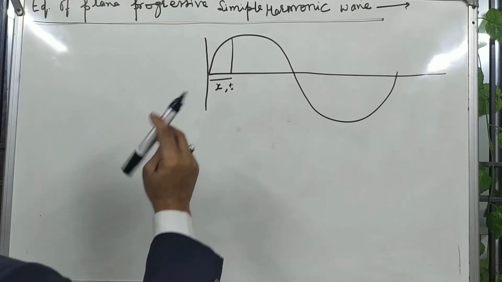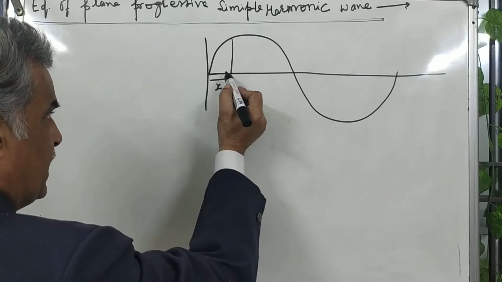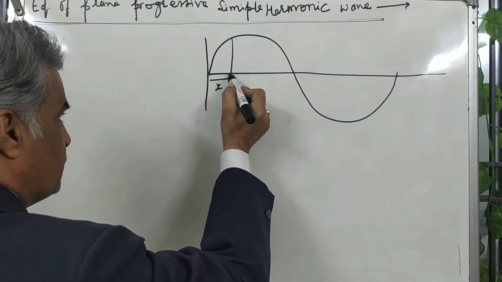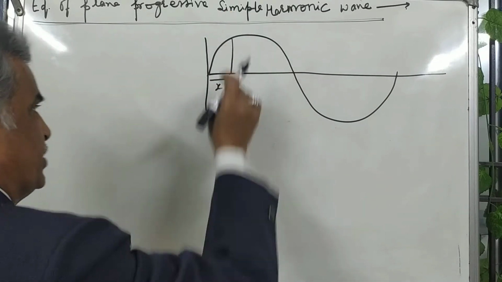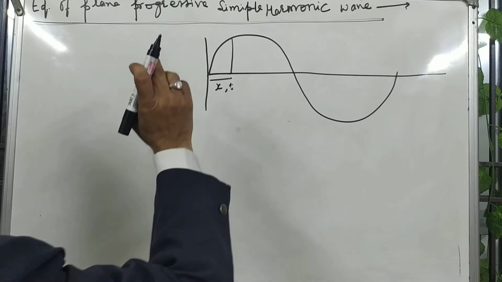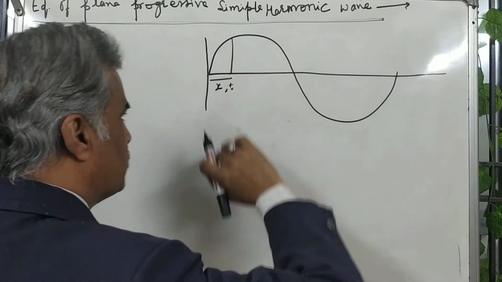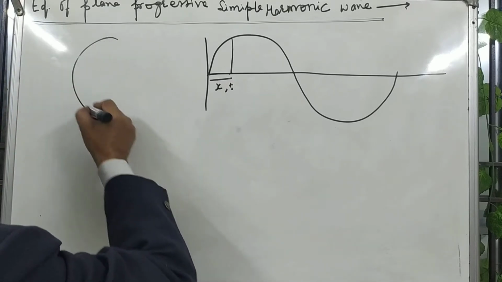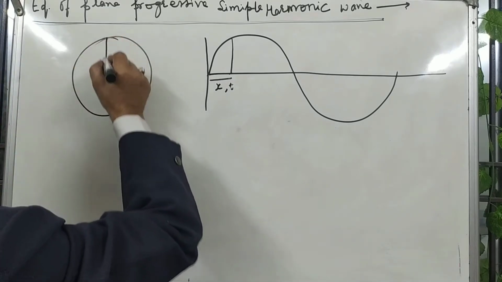After time t, at x distance from this, there is this point, and this point will start oscillating. In this way, first of all in the wire, this point will oscillate according to SHM motion.